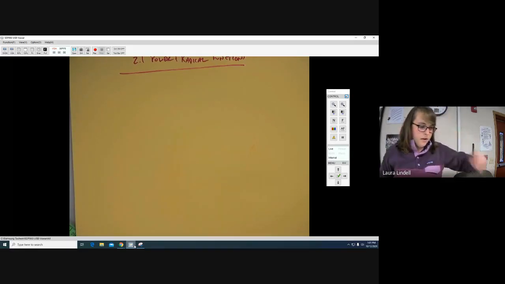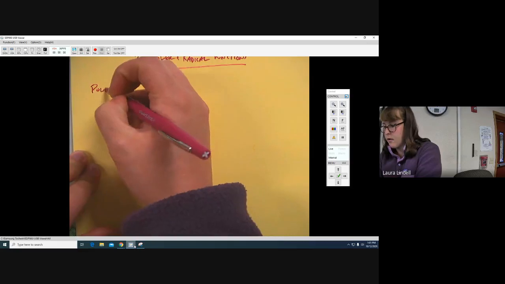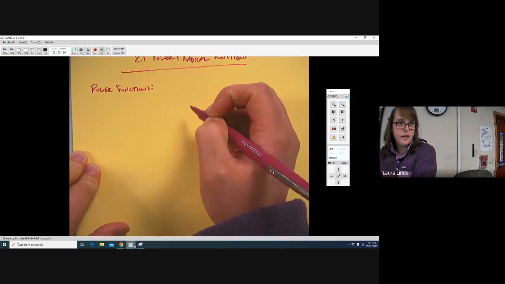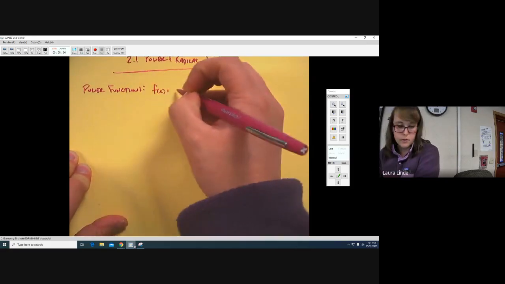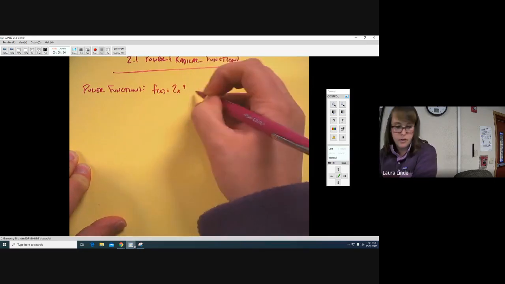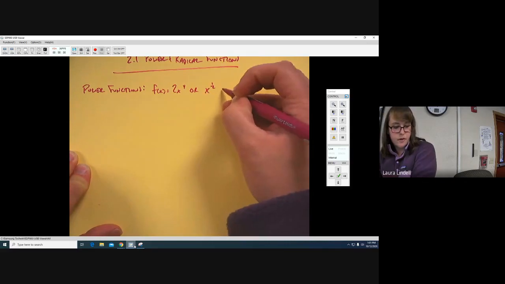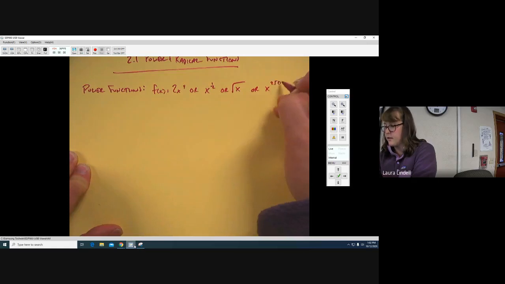Okay, so power functions are basically monomials that have different powers of x attached to them. So for example, a power function might be something like f of x equals 2x to the fourth, or x to the 1/2, or the square root of x, or x to the 256th.